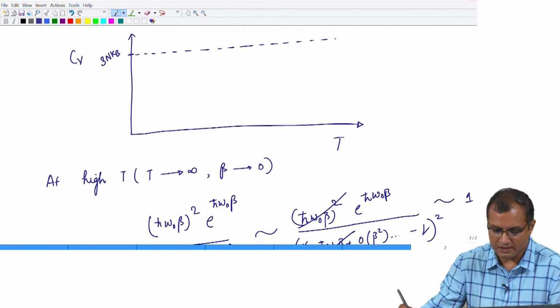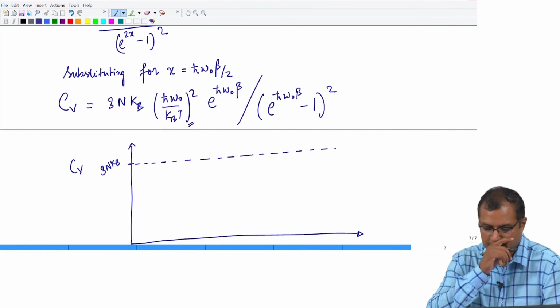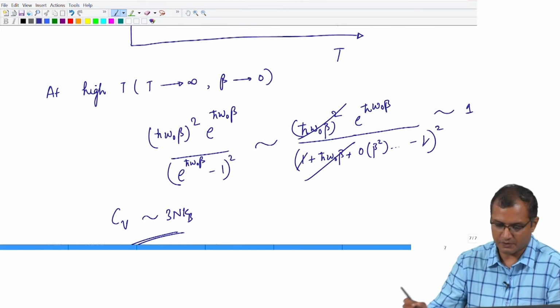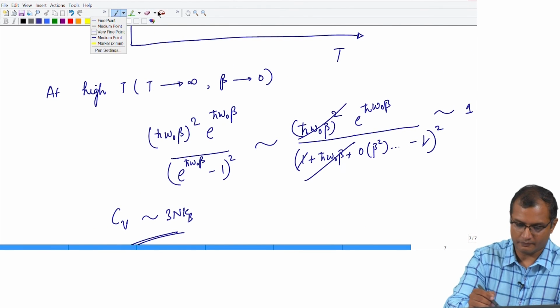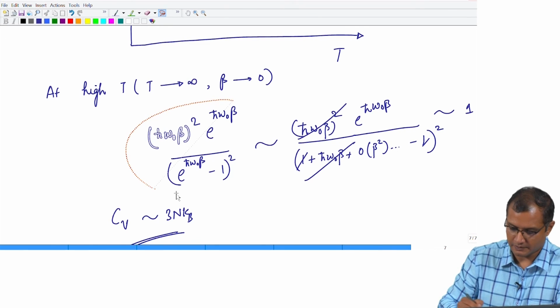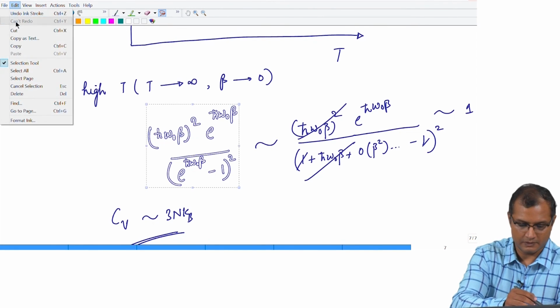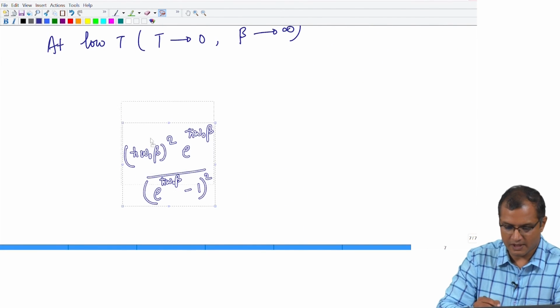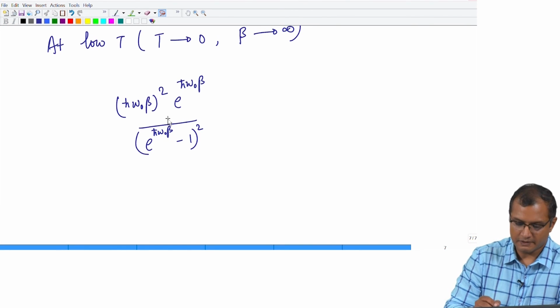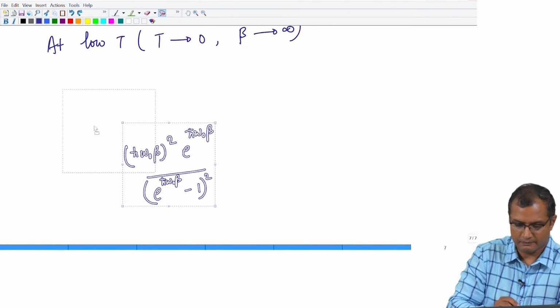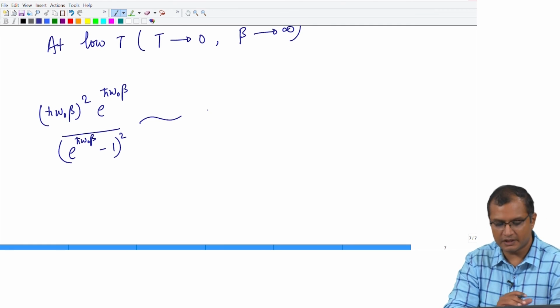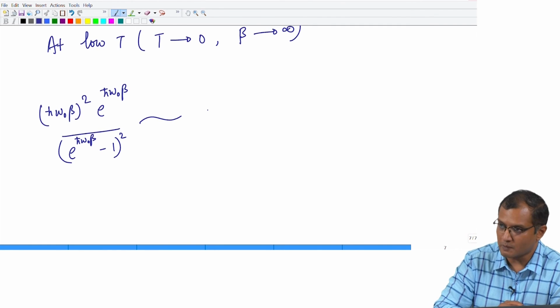in this limit if you look at this expression, as beta goes to infinity you see that the denominator here, I am going to just use the same thing, so just copy it. So, as beta goes to infinity, my denominator here becomes so large that I am going to drop 1.